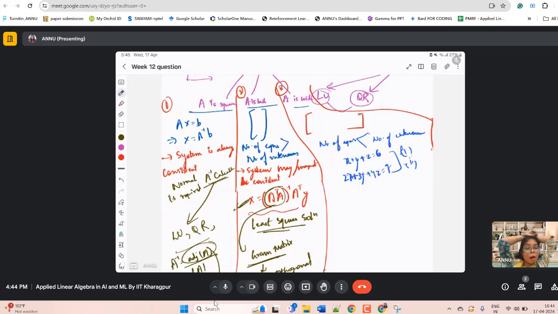So here the problem of inconsistency never exists, and thus we also have infinitely many solutions.